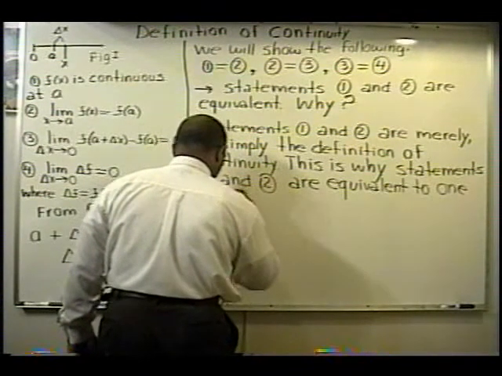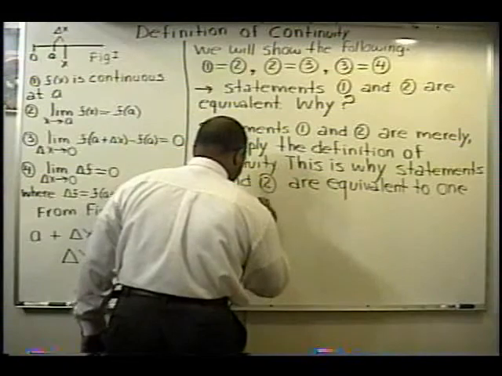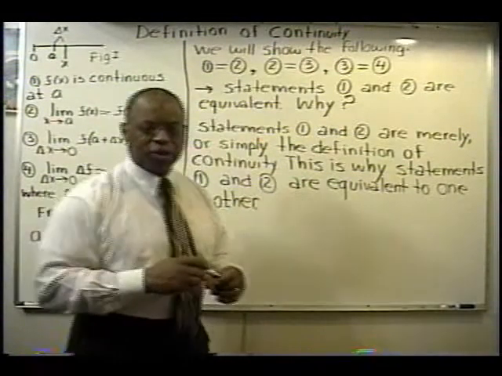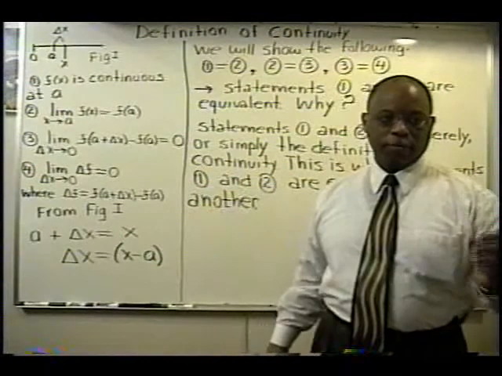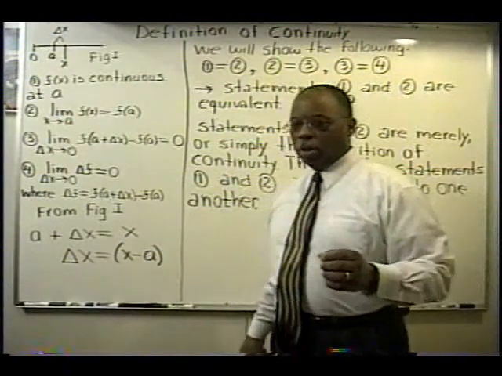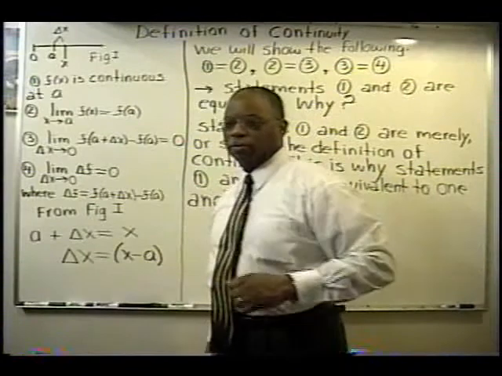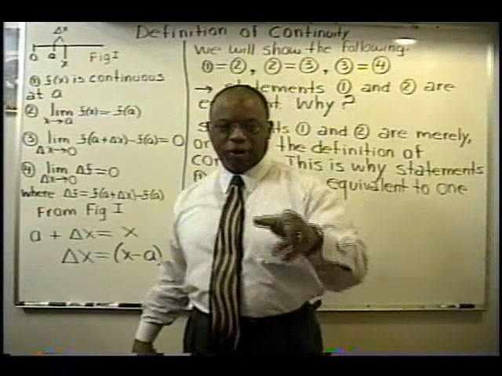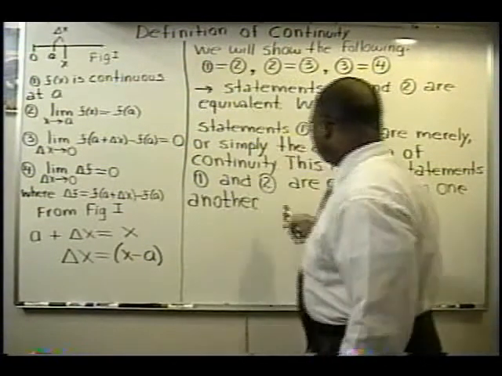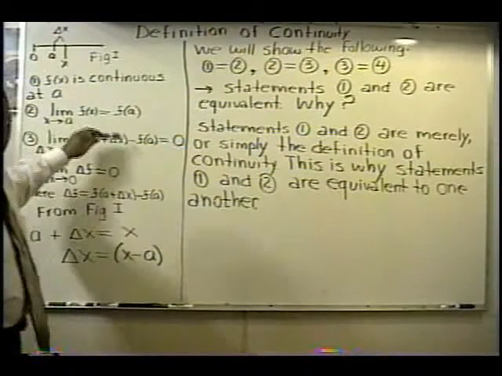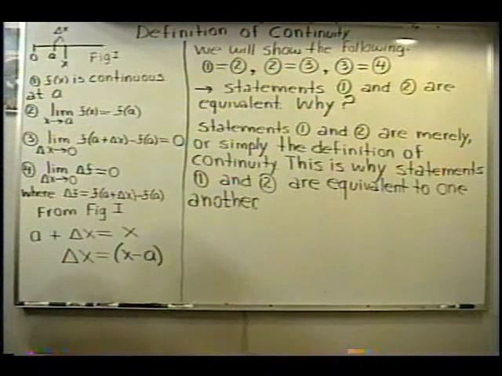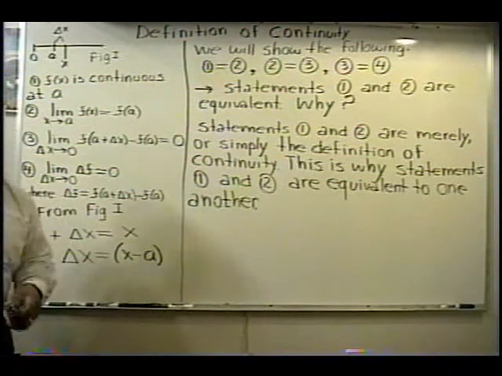That is why they are equivalent to one another. They are simply restatements of the definition of continuity. Now you guys understand, Veronica, Paul? Very good. What about you, Carlito? Very good. Okay, Maria. All right, so you do understand that statements 1 and 2 are simply the definitions of continuity. Okay, everyone see this? Do you follow that now?